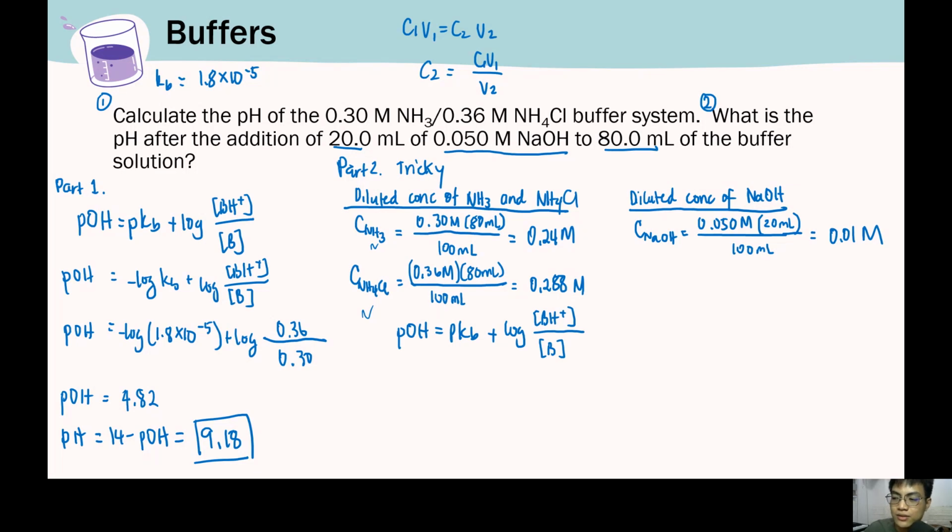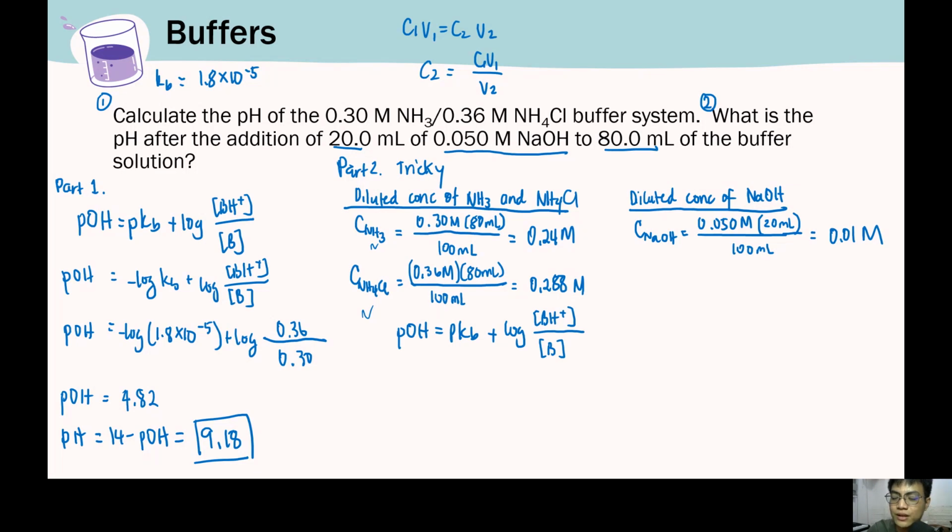Ano yung effect niya? So its effect is to change the concentration of the conjugate acid, no? So yung ammonium chloride, ma-convert niya into what? Into a base. So ibig sabihin, kung ilan yung nabago sa conjugate acid, ganun din pala karami yung mababago sa ammonia. Okay? So mababawasan yung conjugate acid, nadadagdagan yung base, yung ammonia. Yun yung purpose ng sodium hydroxide.